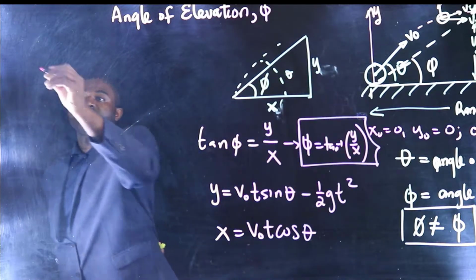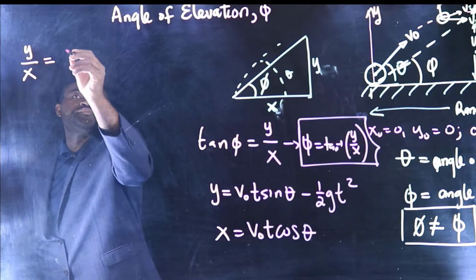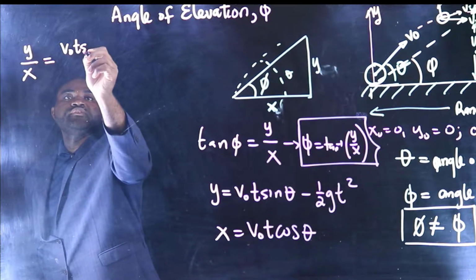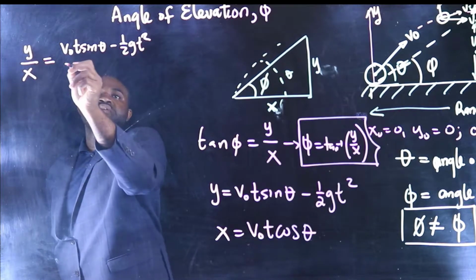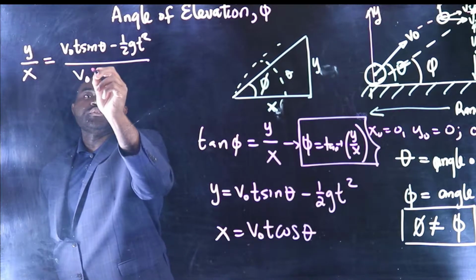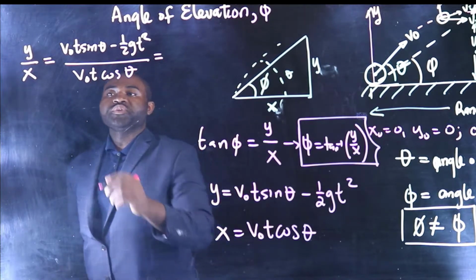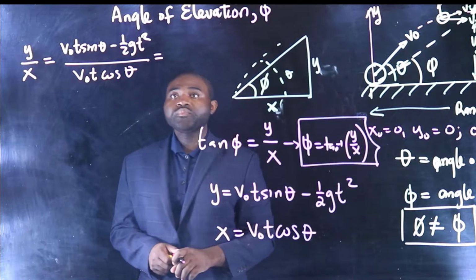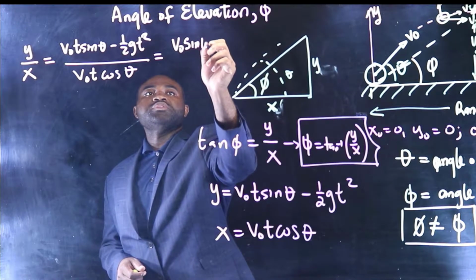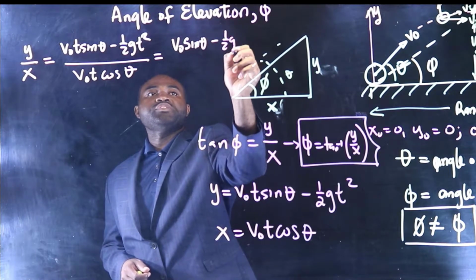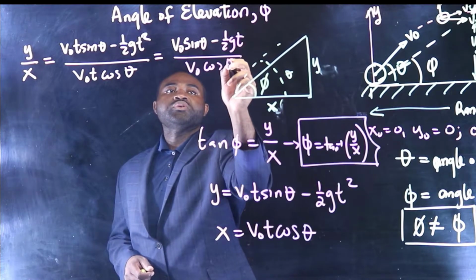This would mean that y over x will be equal to v naught t sine theta minus 1/2 g t squared divided by v naught t cosine theta. We can simplify this as v naught sine theta minus 1/2 gt all divided by v naught cosine theta.